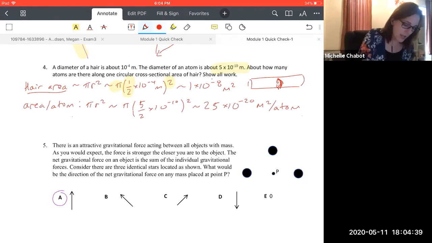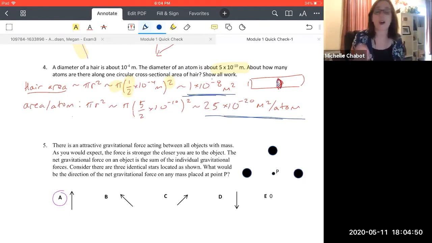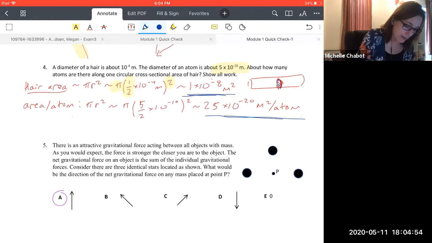So now I have these two values: how much total area I have in this cross section, and how much area one atom takes up. So I just have to divide in order to figure out how many atoms I have.